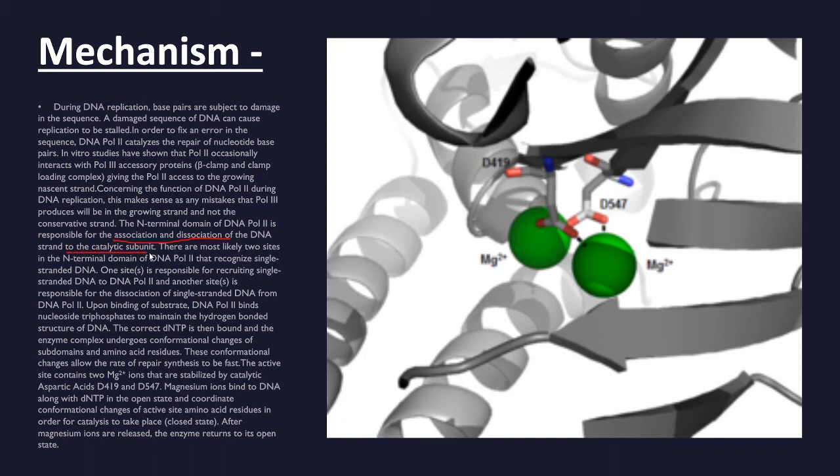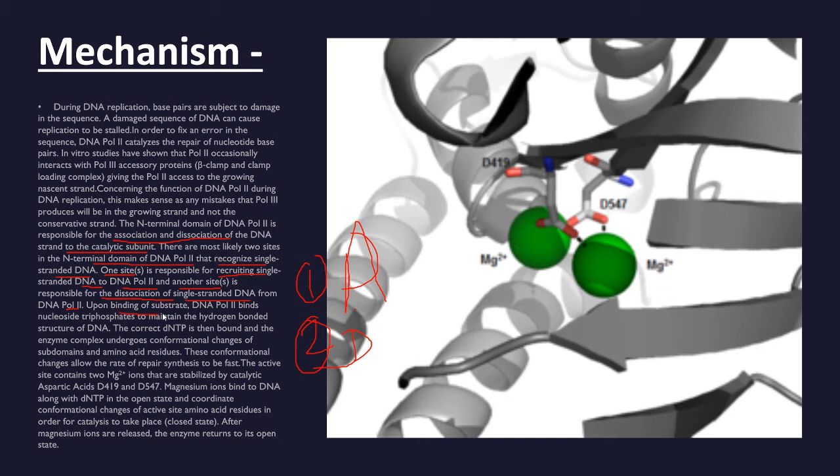There are most likely two sites in the N-terminal domain of Pol2 that recognize single strand DNA. One site is responsible for recruiting single strand DNA to DNA Pol2 and another site is responsible for the dissociation of single stranded DNA from Pol2. So the first one helps in association and the second one helps in dissociation.